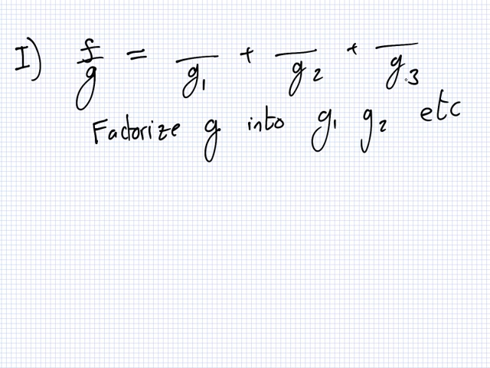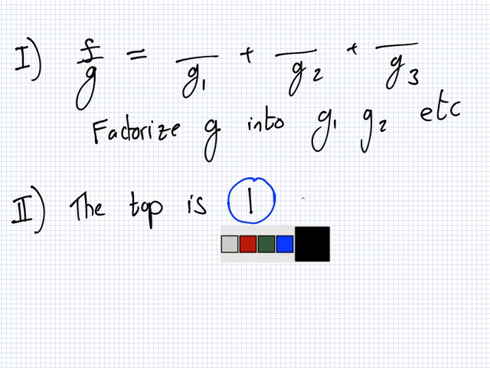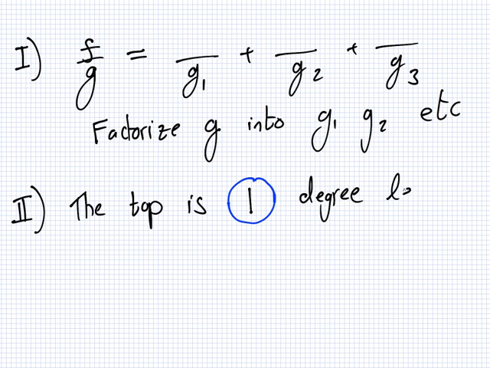Yeah. Second point is that the top is 1, and that's exactly 1, not 1 or more, exactly 1 degree less than gi.